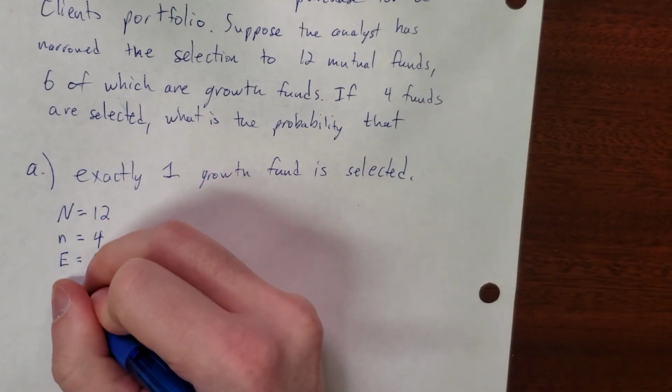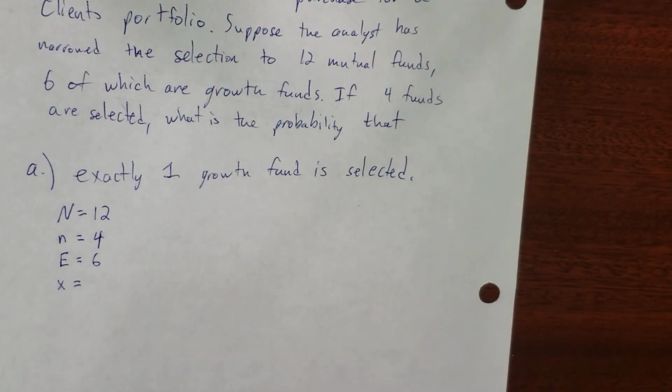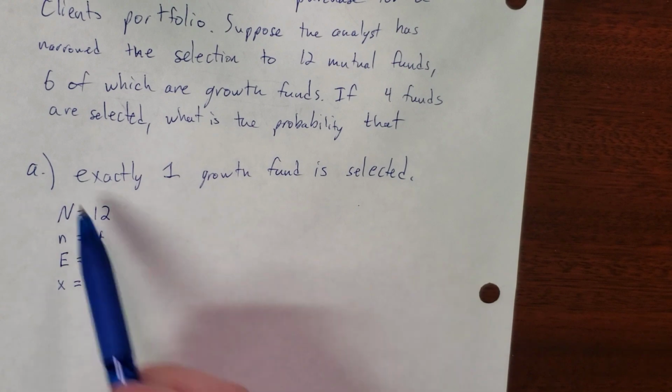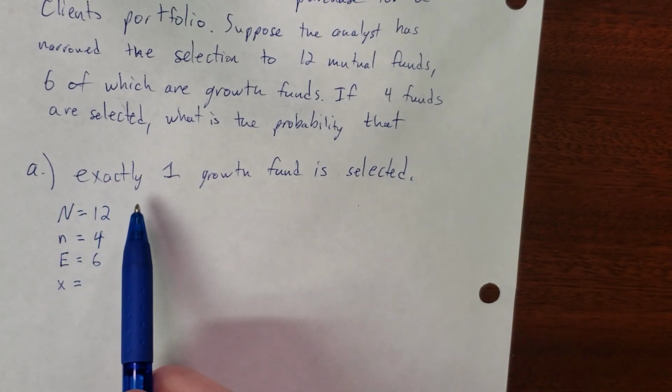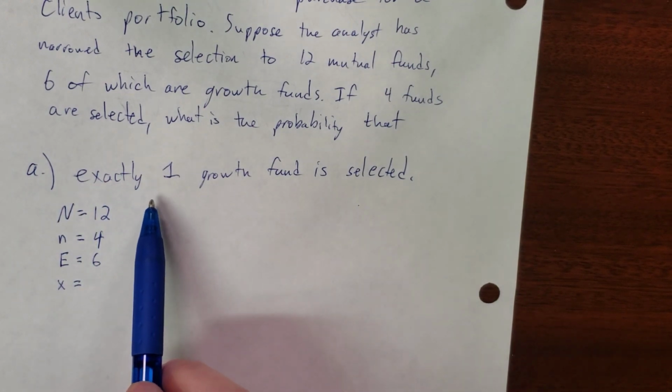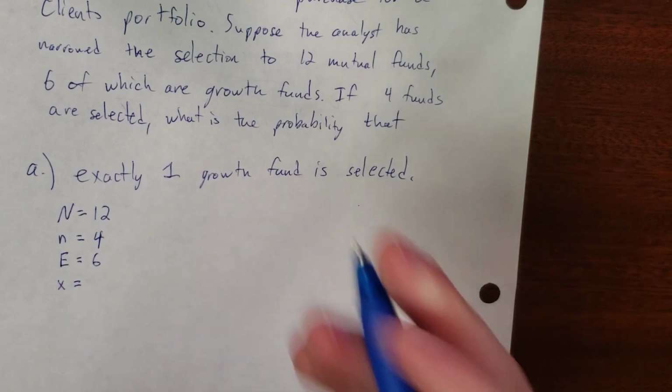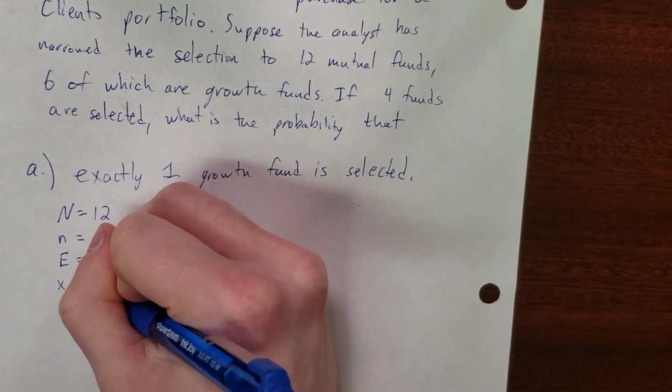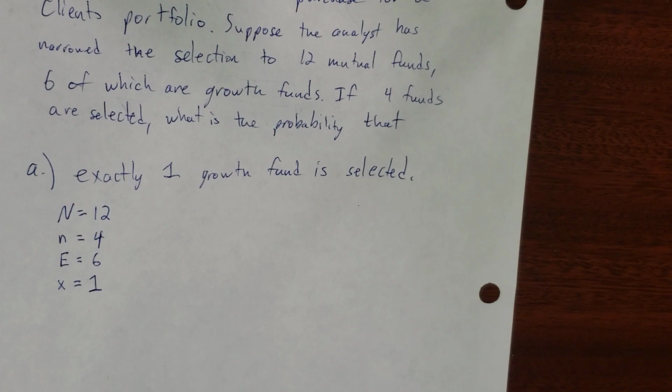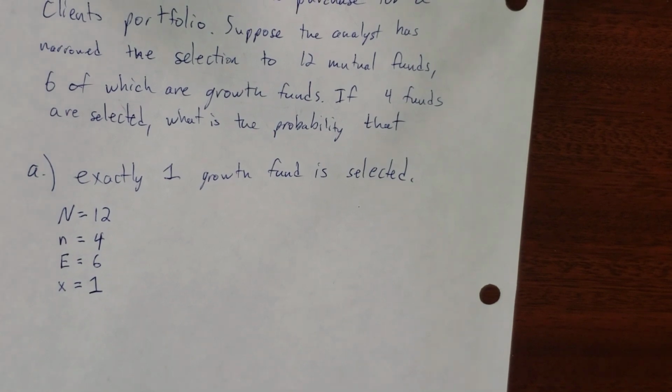And then lowercase x is the number of events of interest in the sample. Well, our question asks for the probability that we get exactly 1 growth fund. So here, x is 1. All right, so we just need to plug into the formula then.